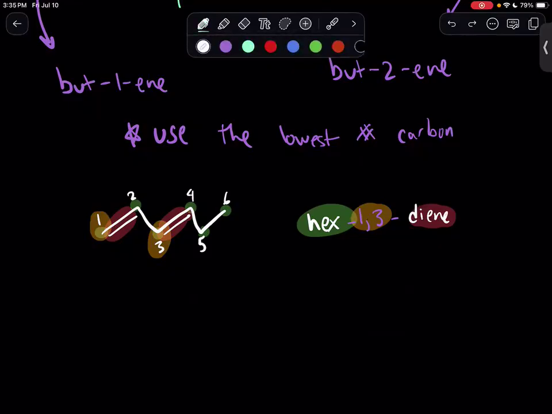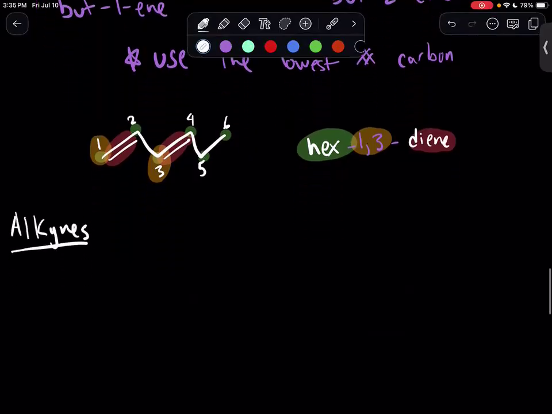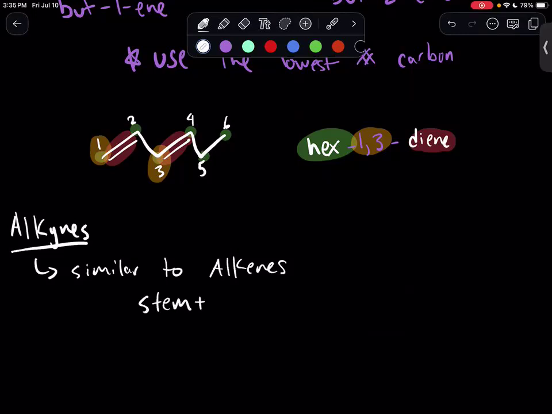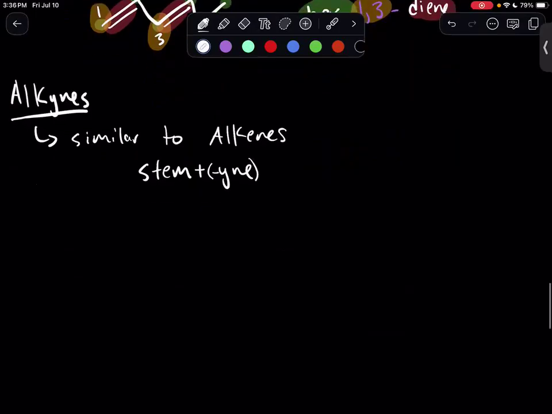All right, so this is not just alkenes, but as we move into alkynes, we're going to see this as well. It's going to be similar to alkenes. The only difference is it's going to be our stem plus the suffix "-yne", and with that, we have our simple alkynes.